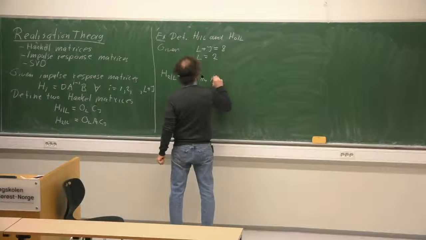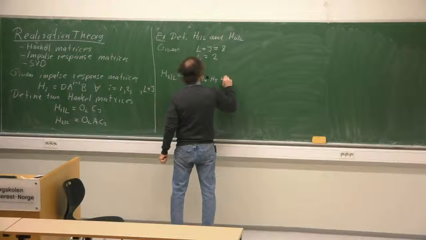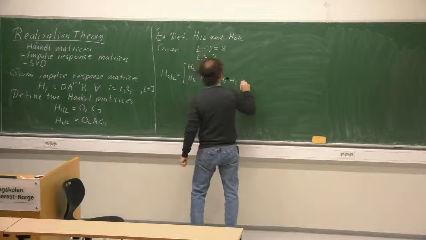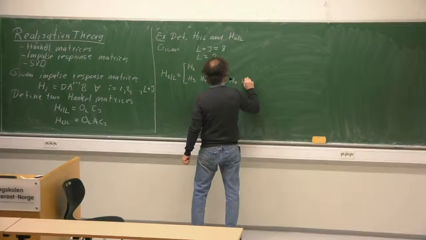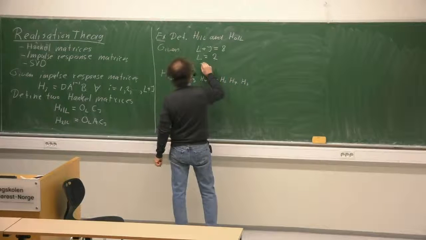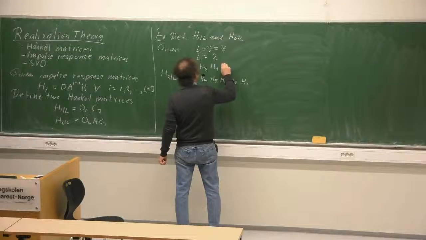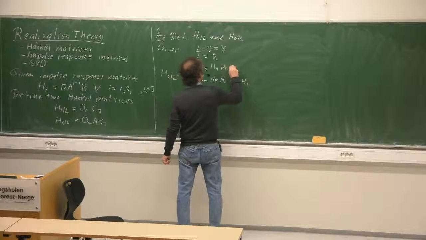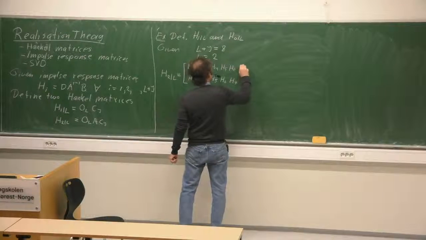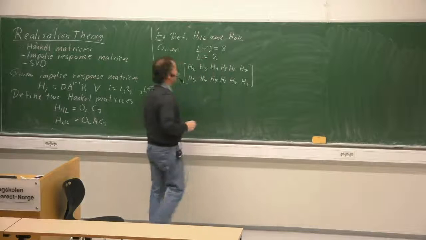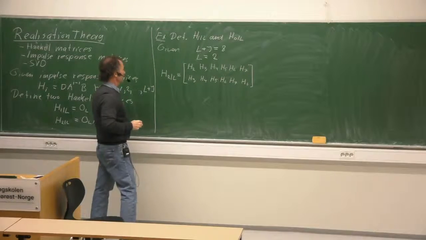Use all the impulse response matrices: H4, H5, H6, H7, H8. And it is a Hankel matrix because of this structure, a rectangular matrix like this in this example.